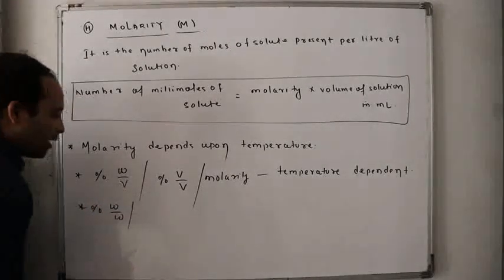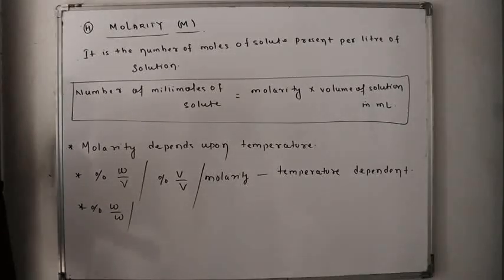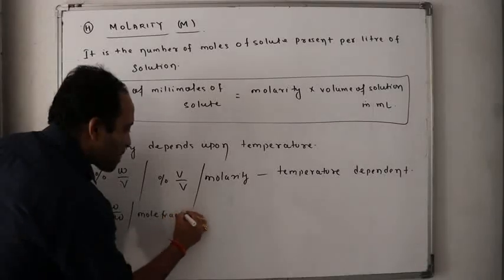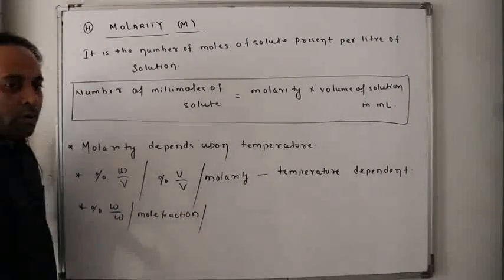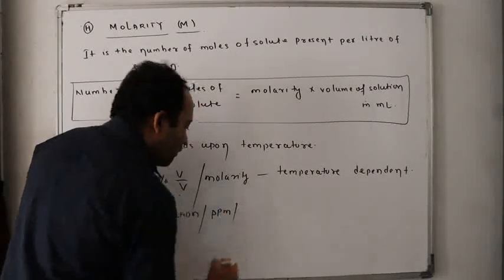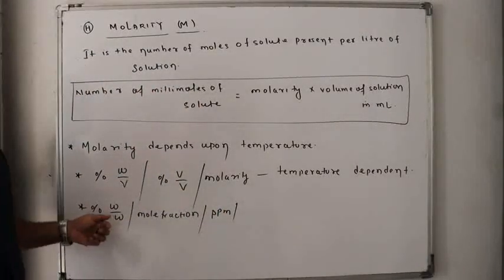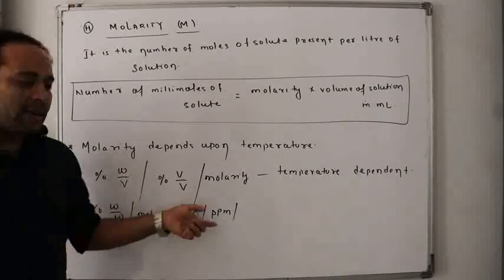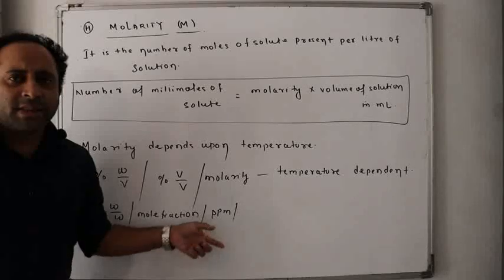If I say percentage W by W, or mole fraction, or ppm, what is the denominator here? Weight, weight by weight. Here the weights are there, which do not change with temperature.